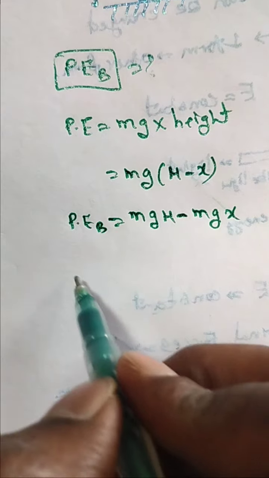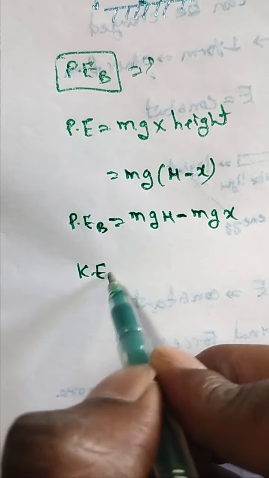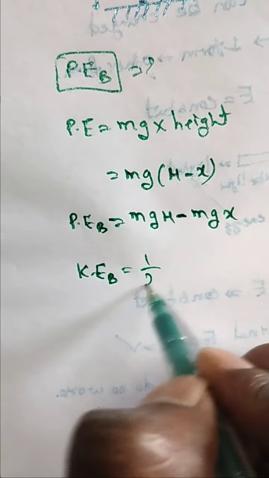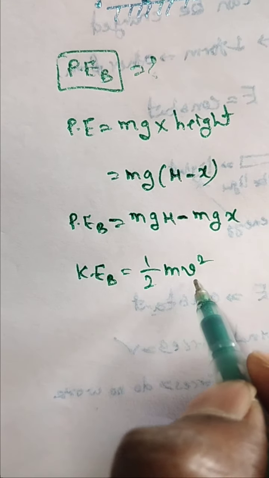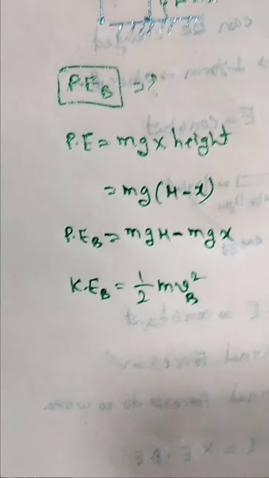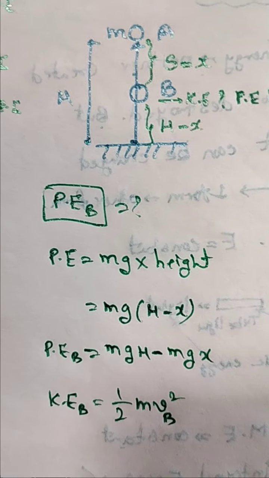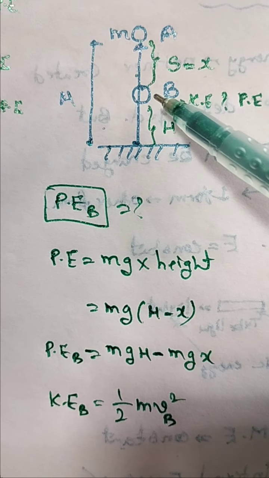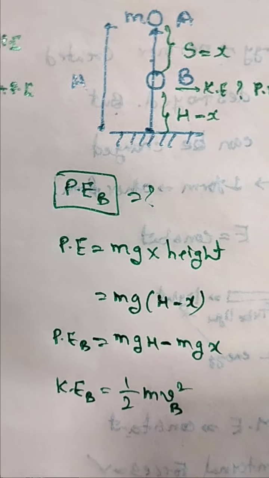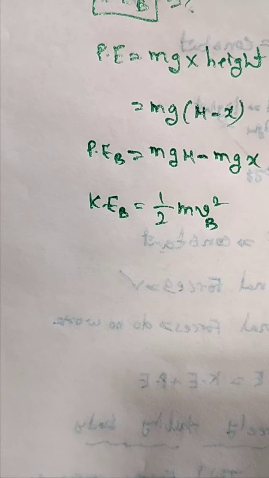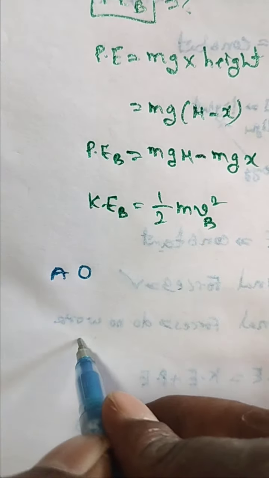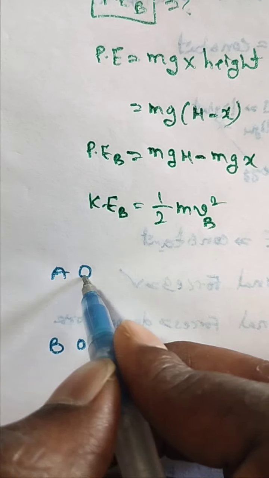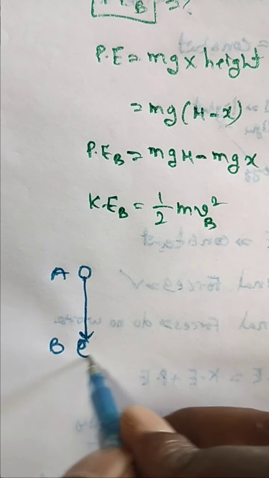And what is the kinetic energy at B? We know the general equation, half m v square. But what is the velocity at the B position? I want the velocity at this point. How do we calculate it? This is position A and this is position B, and the object is freely falling like this.